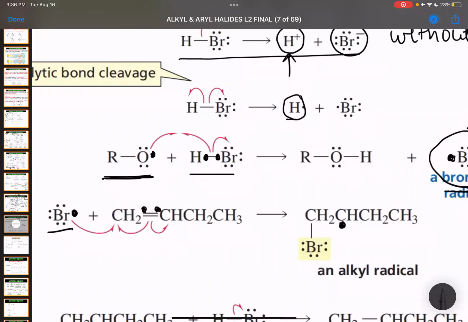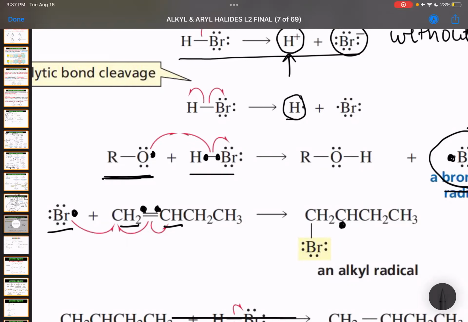Now here again the question comes: pi electrons are present on both carbons, on CH2 and CH. So where will the Br radical attach itself? The answer again is the same. You need to consider the stability. The Br radical will join itself such that a more stable radical is formed.